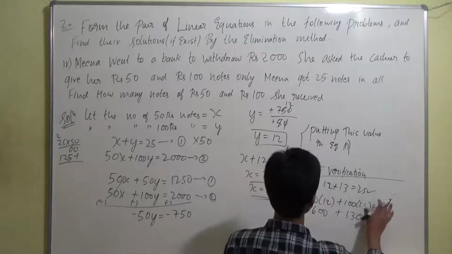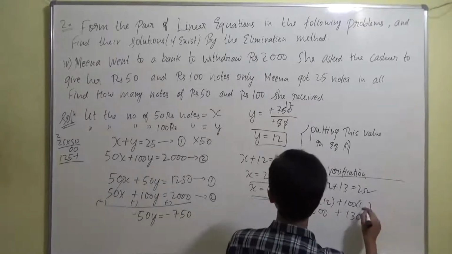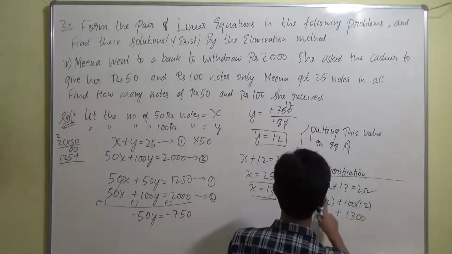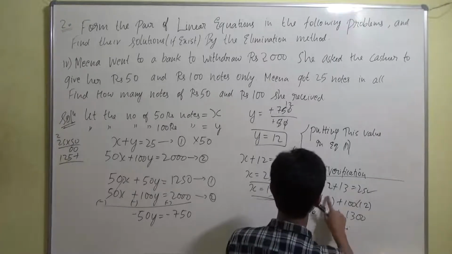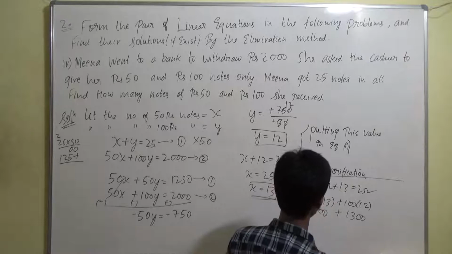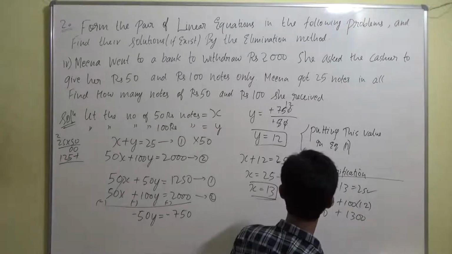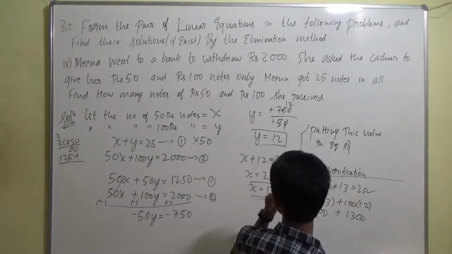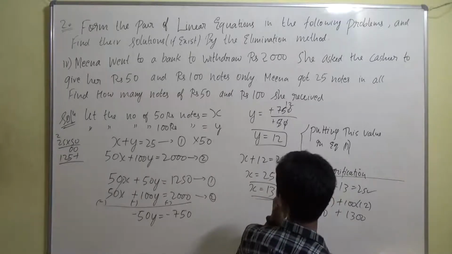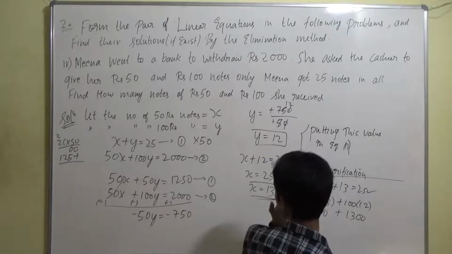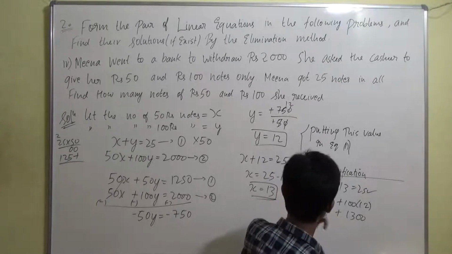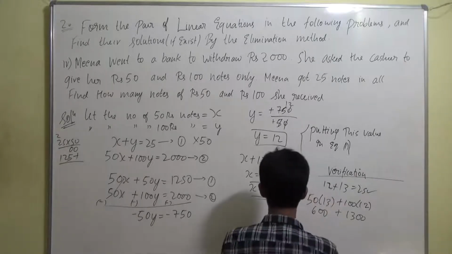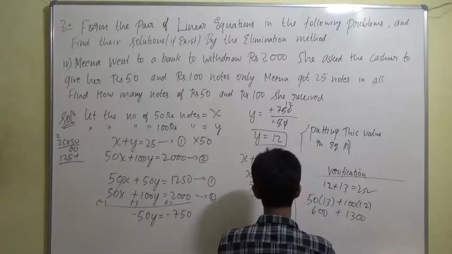Okay, y is 12 and x is 13. I'm thinking why it's not coming properly. Let's do this. 50 into 13 is, I think we'll get it.